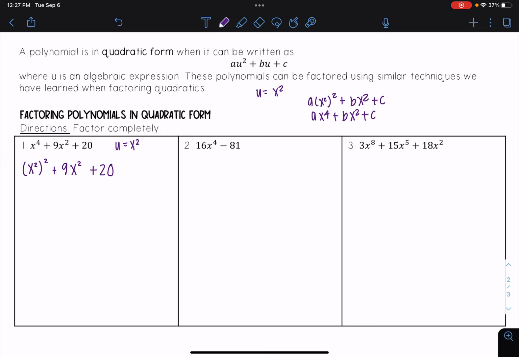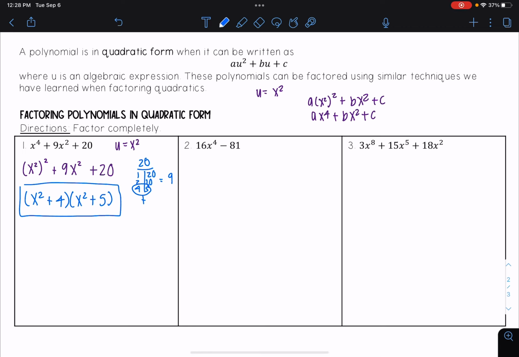I'm looking for two numbers that multiply to 20 and add to equal 9: 1 and 20, 2 and 10, 4 and 5. I see 4 and 5 add to 9. So this can be factored as x squared plus 4 times x squared plus 5. It looks just like our quadratic, but instead of x being our first term, it's x squared.